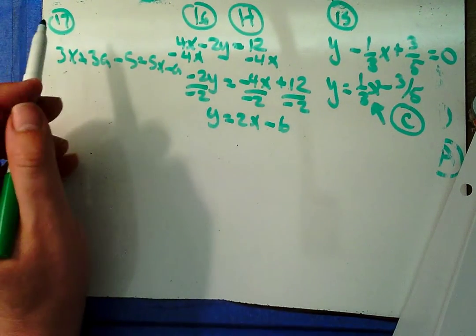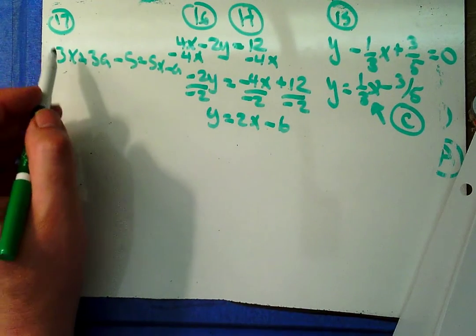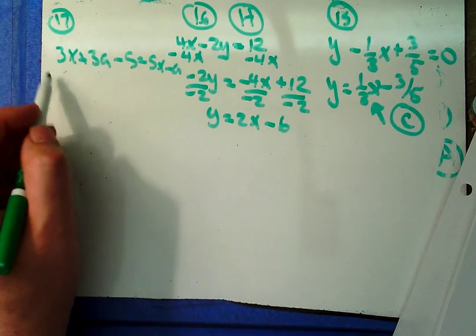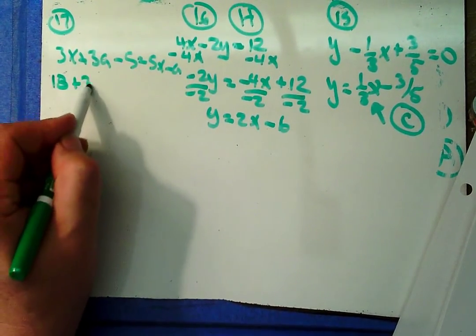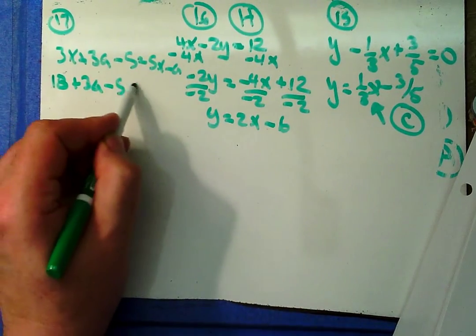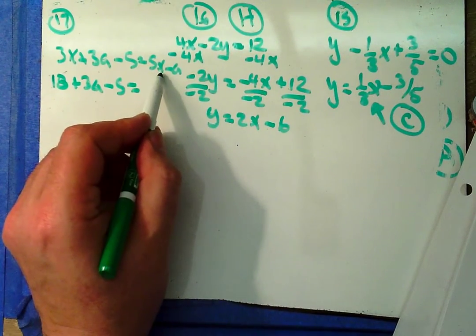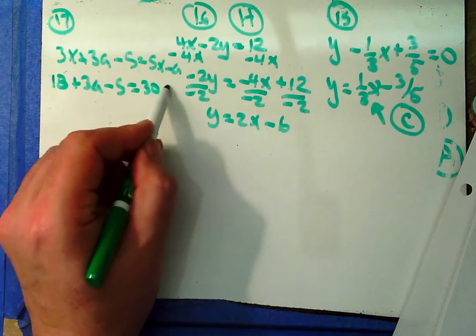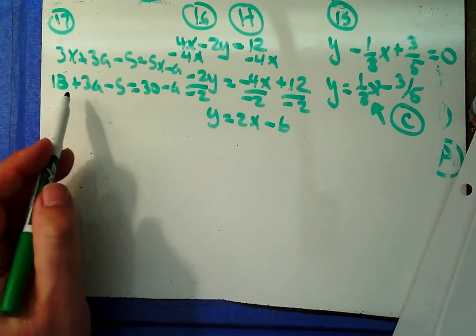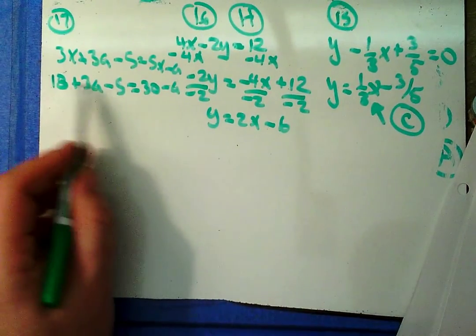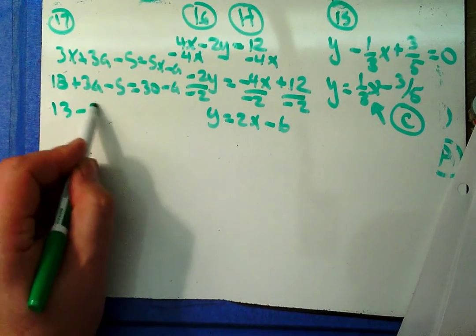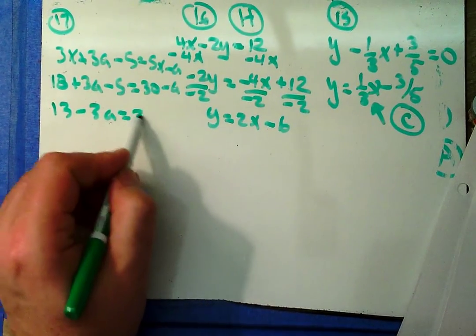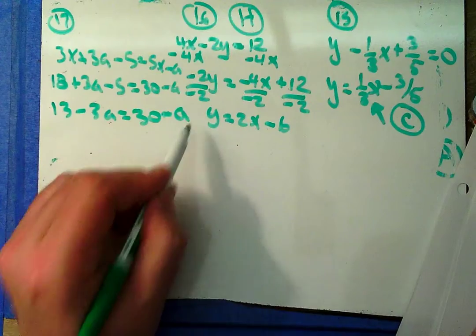All right. Well, if x is 6, 3 times 6 is 18 plus 3a minus 5. If x is 6, 30 minus a. And now I've got one variable. I'm going to combine like terms over here and have 13 minus 3a equals 30 minus a.